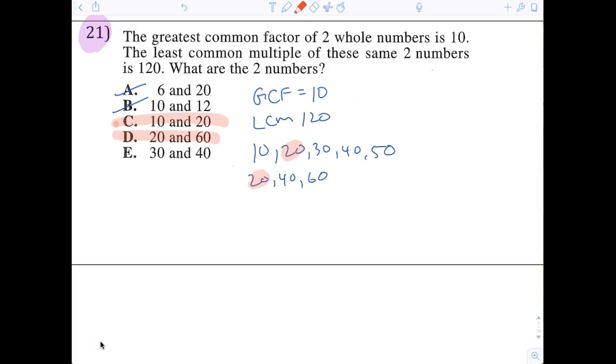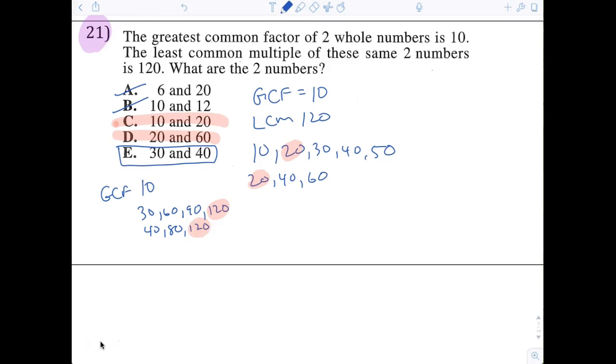The answer has to be E. Right? Now let's review. 10 is the GCF. That was kind of easy, right? Now remember the multiples of 30: 30, 60, 90, 120. 40, 80, 120. That's why that's considered the least common multiple.